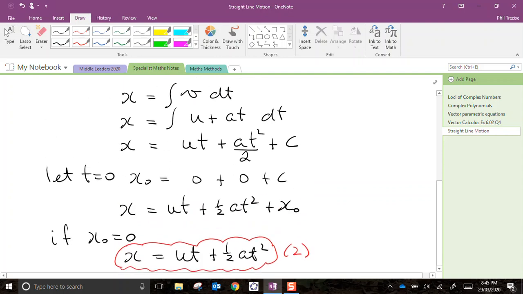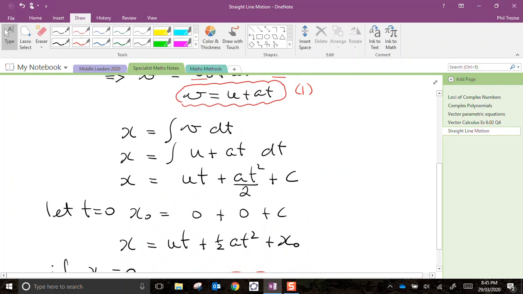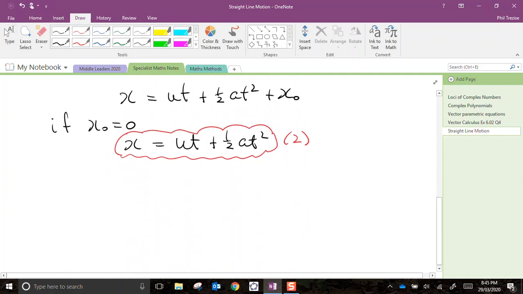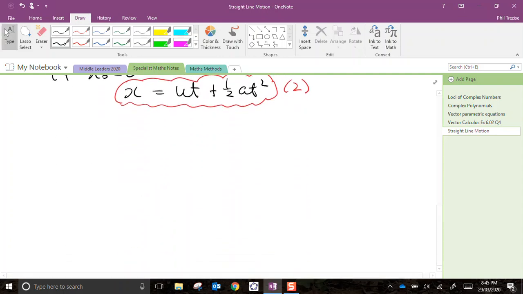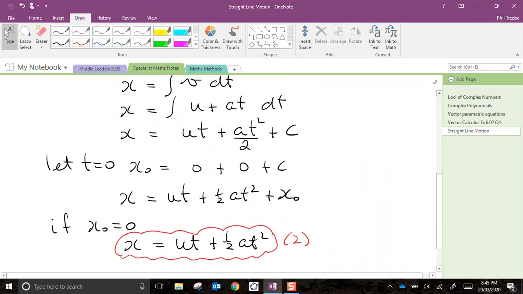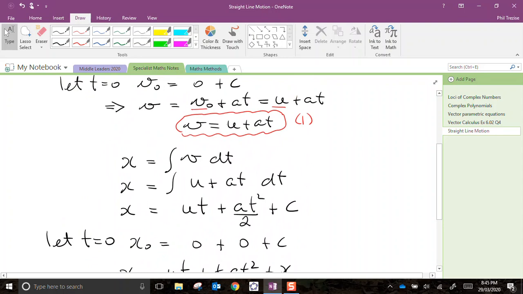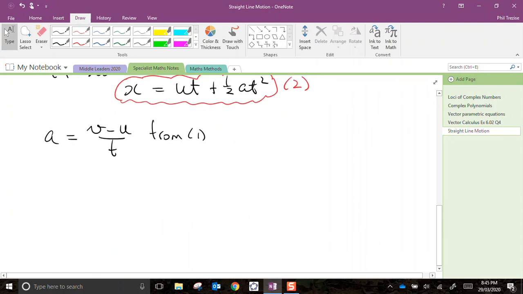Now, if we were to take our first equation, we could rewrite that as a equals v take u, divided by t. That's from equation number 1, just by rearrangement. Subtract u, divide by t. And sometimes this is the definition of acceleration.